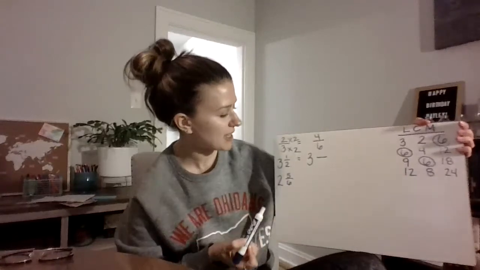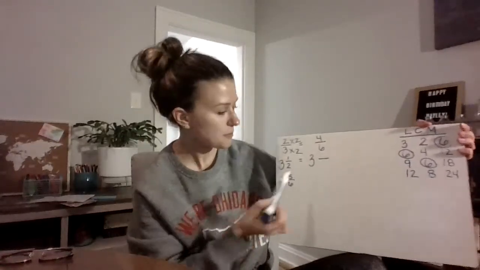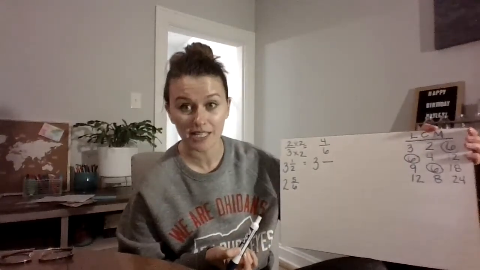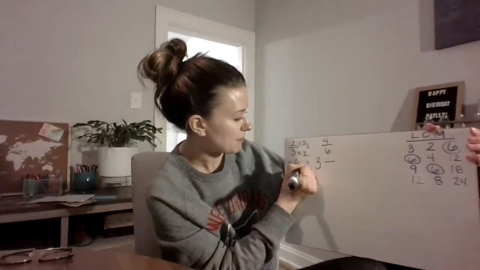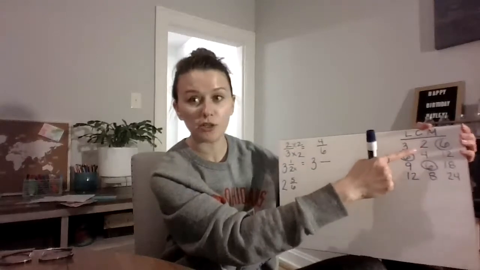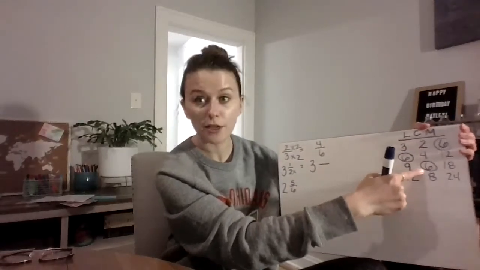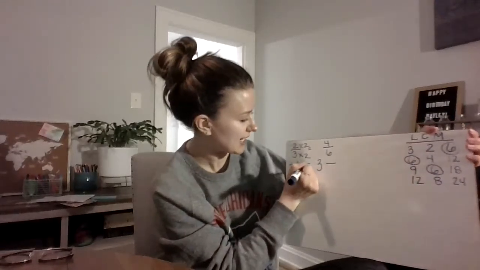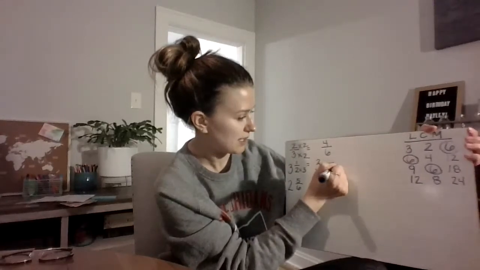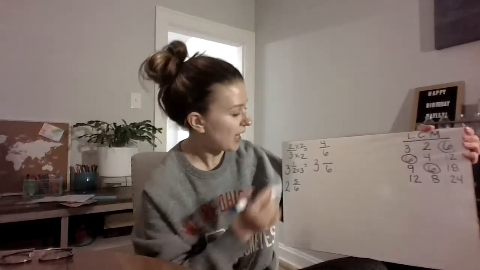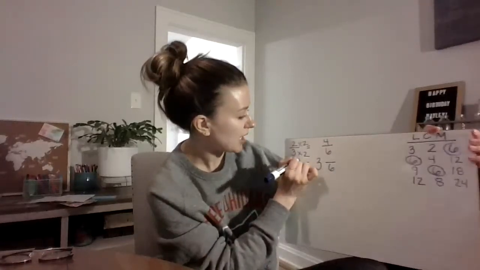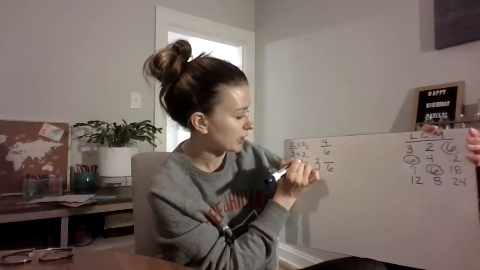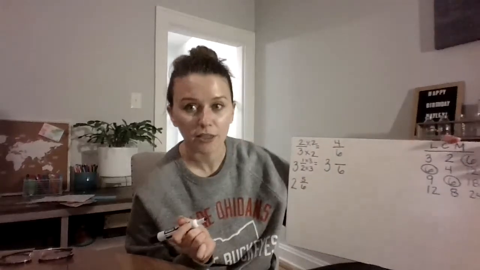I'm going to do the same thing to 3 1/2. I'm going to keep my whole number 3 the same. That is fine. But I need to look and see, I multiplied 2 times 1, 2, 3 to get 6 as my new denominator. And because whatever I do to the bottom, I do to the top, I'm also going to multiply that numerator of 1 by 3.